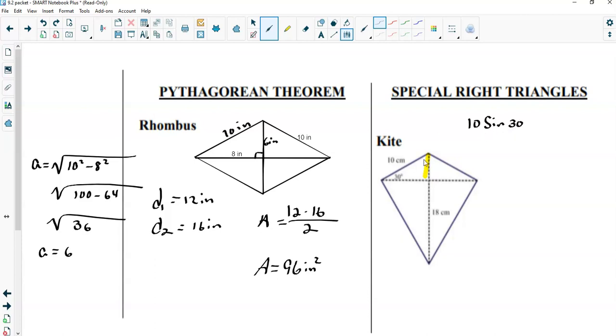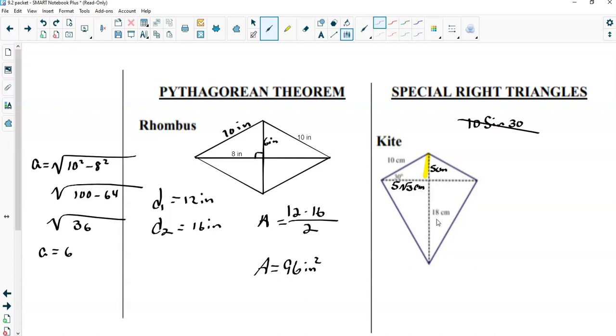Actually, if you notice, the 30-60-90 is a special right triangle. I don't need to use this. I could say the short leg will be half of the hypotenuse, so that's 5 centimeters. And then the long leg is 5 times the square root of 3 centimeters.